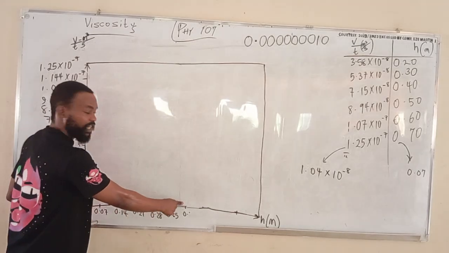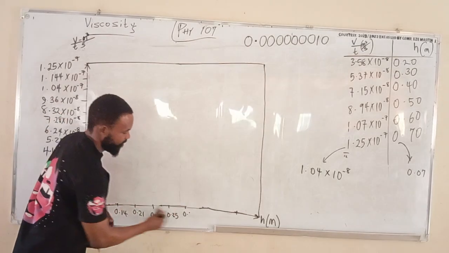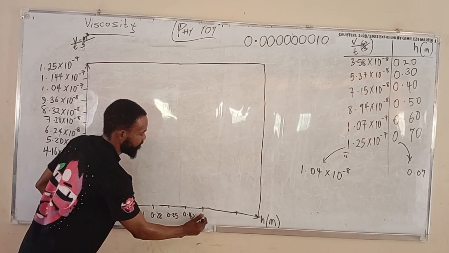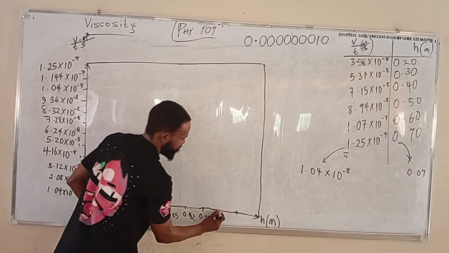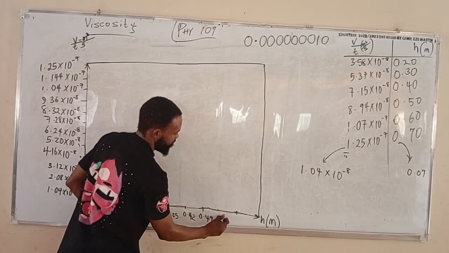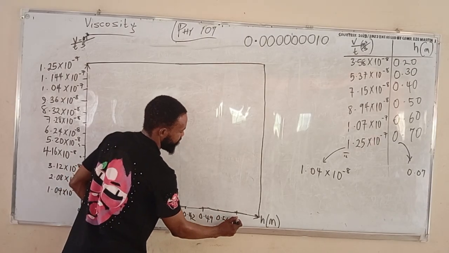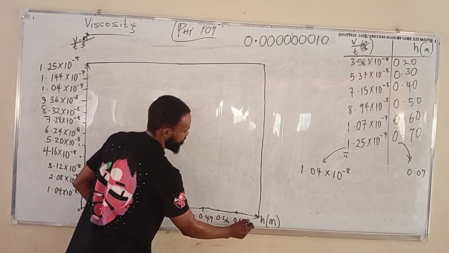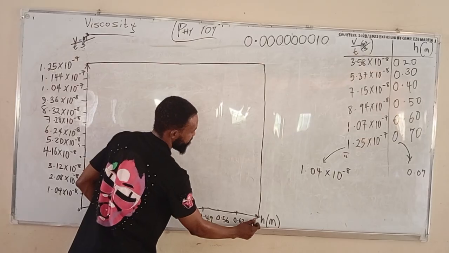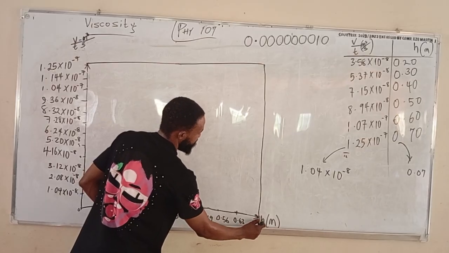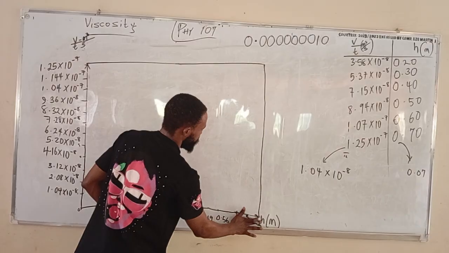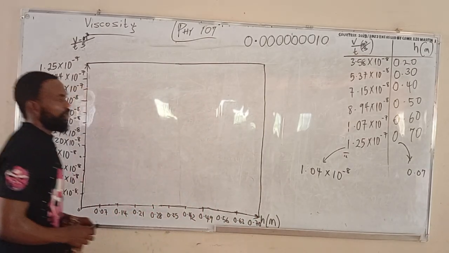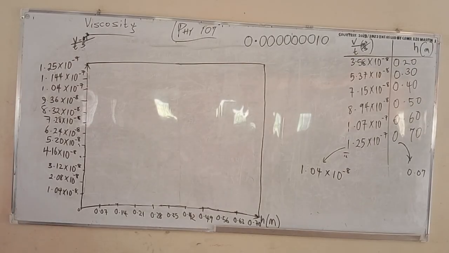So 6 times 0.07. 0.4. 0.7. Alright. It's alright, so we can manage this.